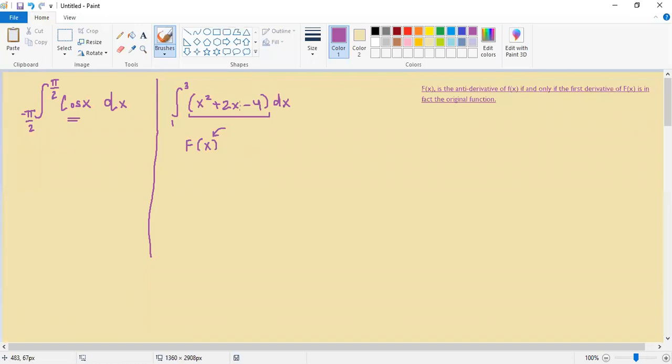But to solve this particular problem, where we're finding the area under a curve, which is of course defined in a particular interval, we find the antiderivative first, which is the reverse of finding the derivative. And here it would just be a matter of using the reverse power rule, where we would add 1 to the power and divide by that new power, plus 2 multiplied by the same logic here.